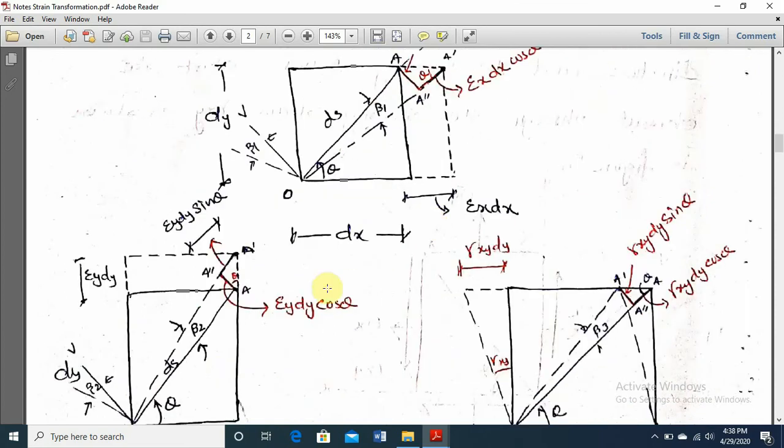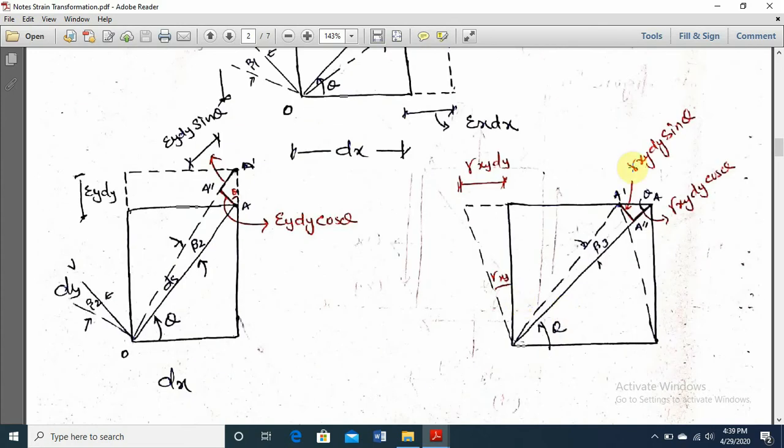Similarly, when sigma y stress applies, this element changes from OA to OA dash, and with this angle theta, this parallel component which gives you the change in length is equal to ey dy sin theta, and this perpendicular component, which is in the perpendicular direction to OA, will give you ey dy cos theta. Similarly, for this angular change gamma xy, this will give you gamma xy dy sin theta and gamma xy dy cos theta, and angular deviation is beta 3, beta 2, and this inclined length is equal to ds.